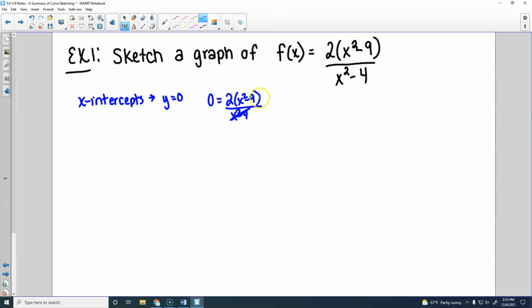It's not going to make it 0. So you would end up really just with x squared minus 9 equals 0. So x squared equals 9. So x would equal plus or minus 3. So we got x-intercepts at x equals 3, x equals negative 3.